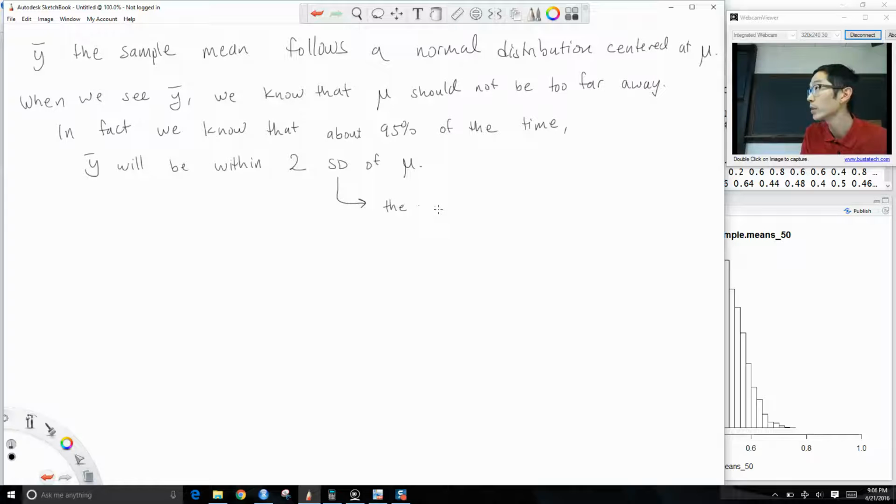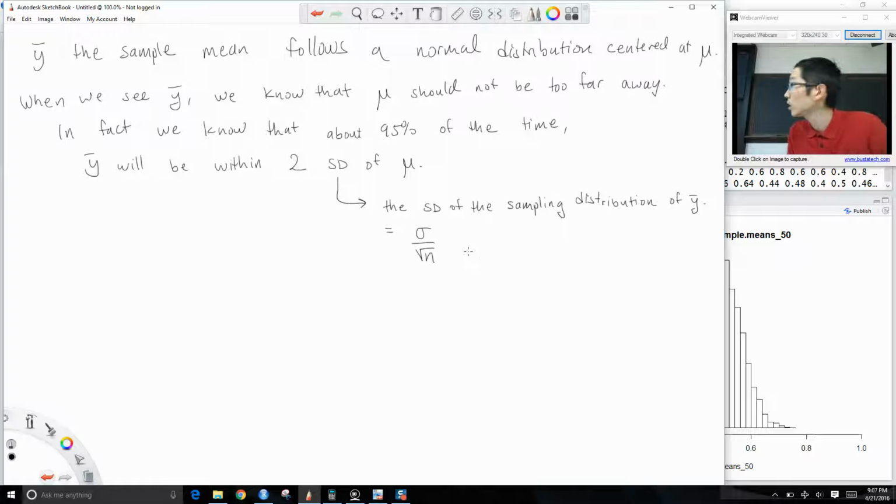So this is the standard deviation of the sampling distribution for y bar, and that standard deviation is sigma over the square root of n.